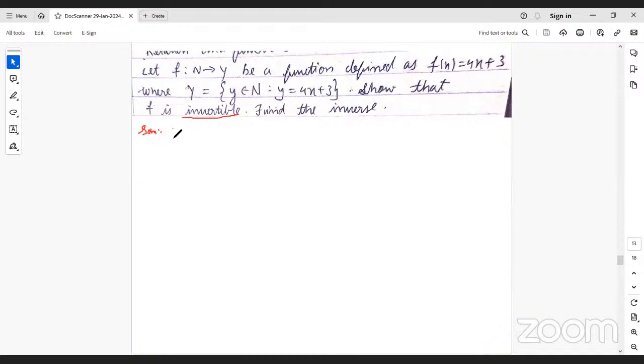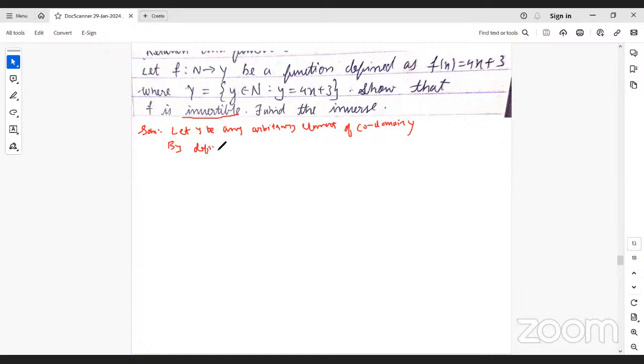So here, let y be any arbitrary element of codomain Y. By definition, we need to write the value of y, which is already given in the question.